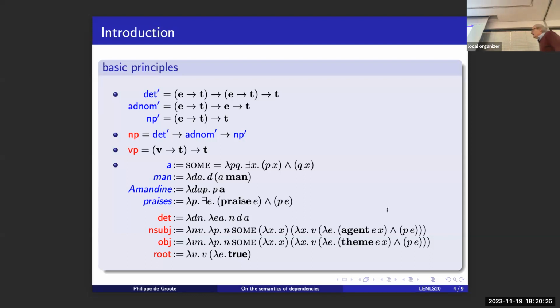Okay. And then for the verb phrase, we have the fact that there exists an event, and then that event may be modified as P. And then if we look at the interpretations of the relations, for the det relation, which takes a determiner and a noun, it just applies a determiner D to the noun.